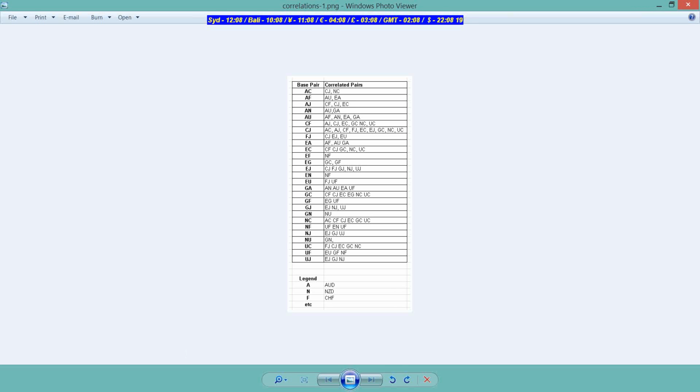So for example, the Aussie CAD, CAD yen and the Kiwi CAD are highly correlated, so I don't see much reason for going into a pair. Like if I was in the Euro yen, I'd be hard pressed to be looking at the dollar yen or the Swiss yen at the same time. I don't see the point.